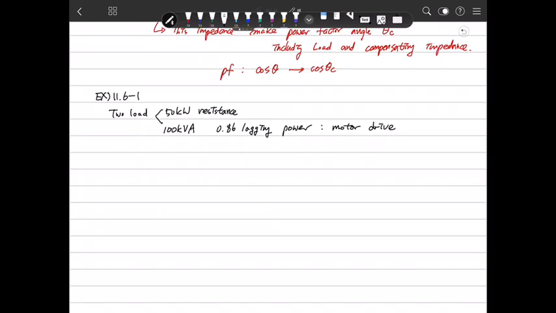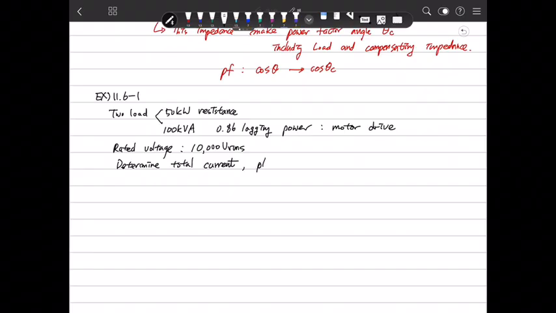And then the rated voltage is 10,000 volts, this is RMS value. Then the problem is to determine the total current and find the overall power factor.